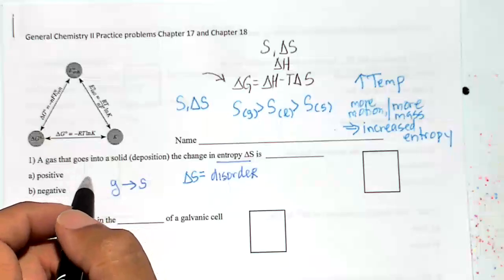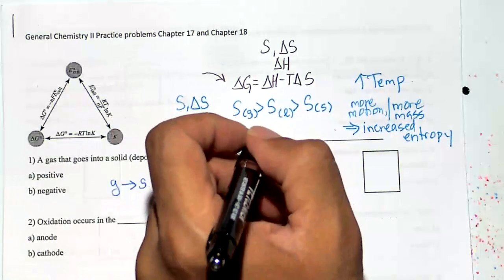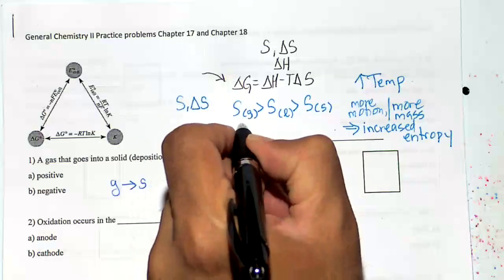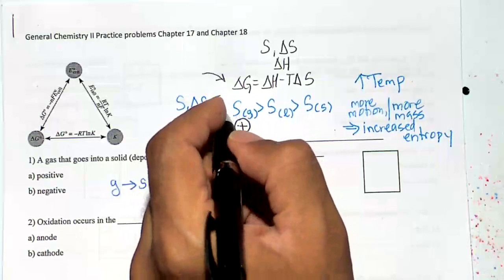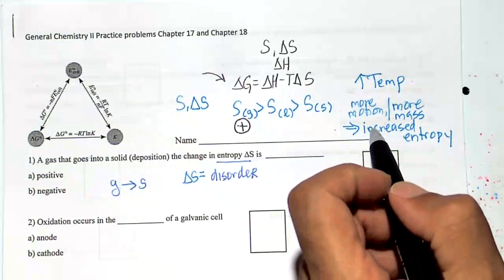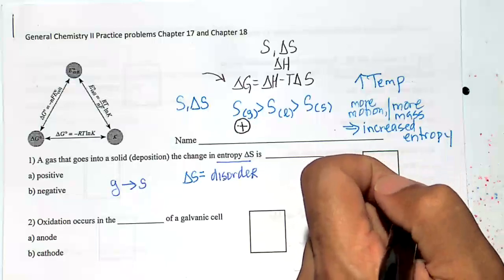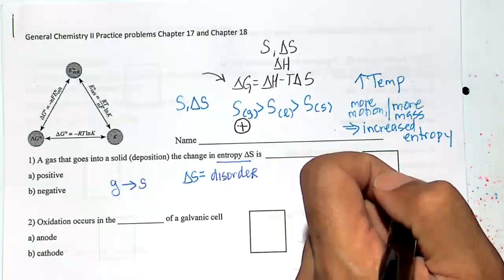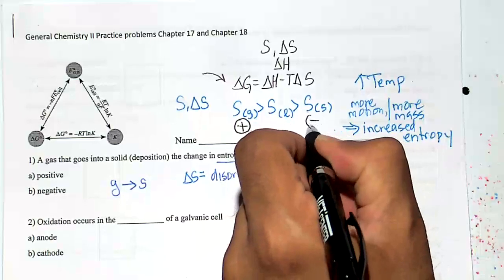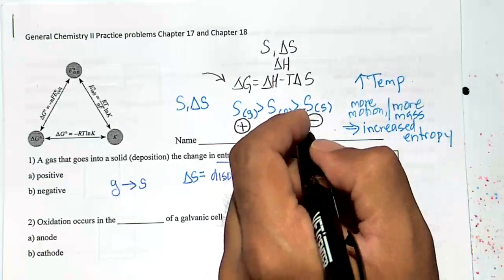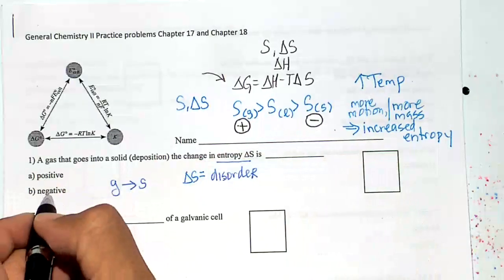Let's go back to this question. A gas that goes into a solid, the change of entropy. What do you guys think? What about signs? One thing I forgot: we associate more disorder with positivity. More motion, more mass, all those things will give rise to a positive value of entropy, and a negative number for something that's more ordered.